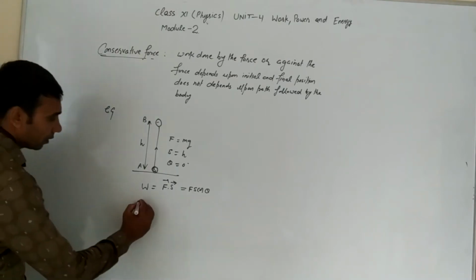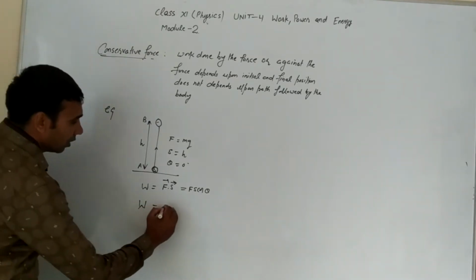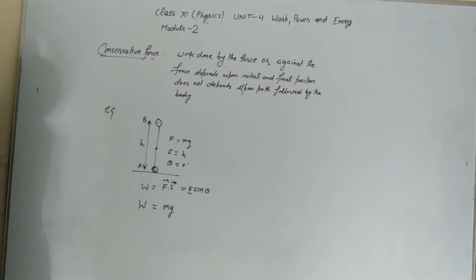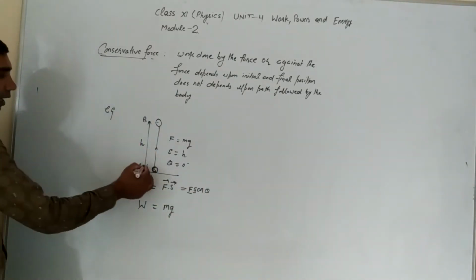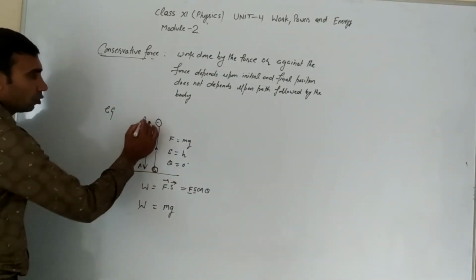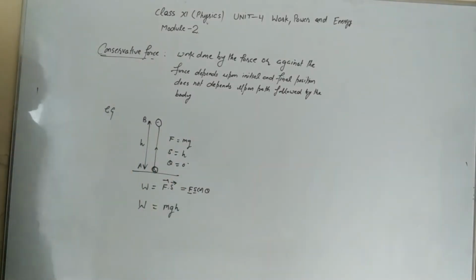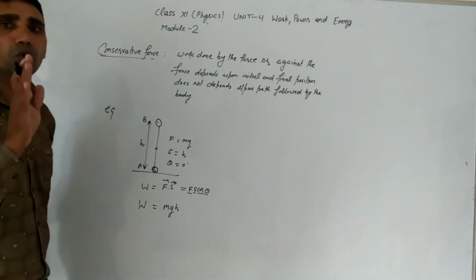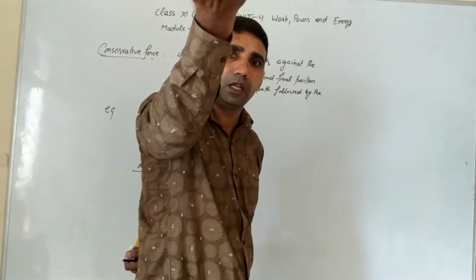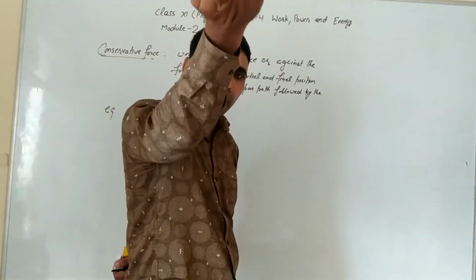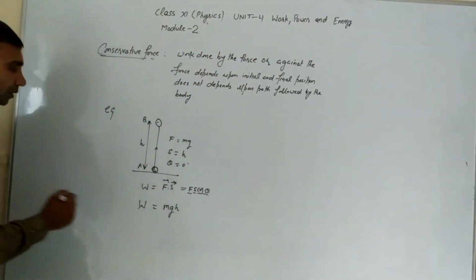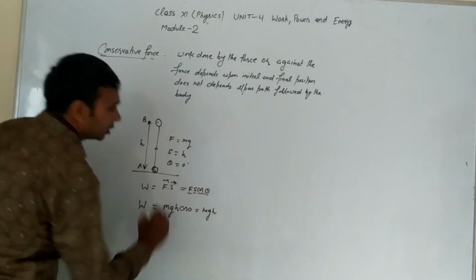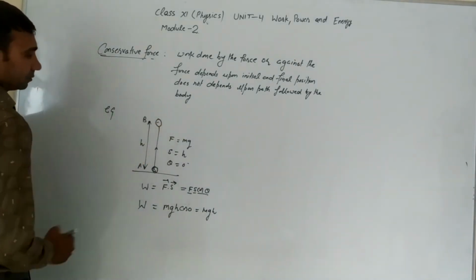Then the work done is equal to F, that is mg, times S, which is the height h to raise the body from A to B, times cos theta. Theta between the applied force, the force required to uplift the body from point A to B, and the displacement is 0 degree. So mg cos 0, that is mgh. This is case number one.